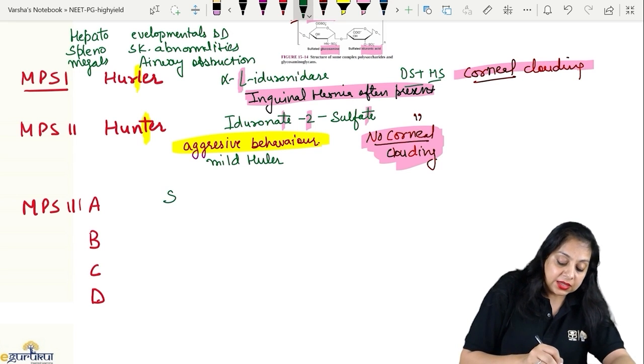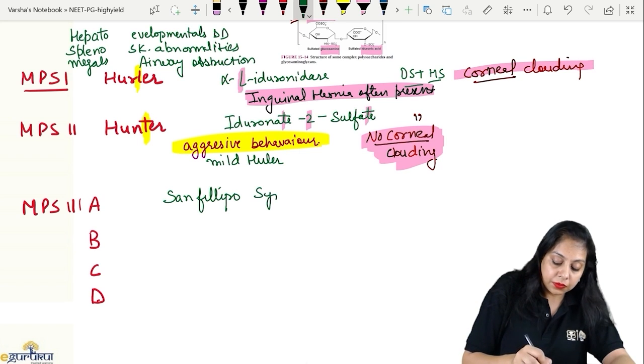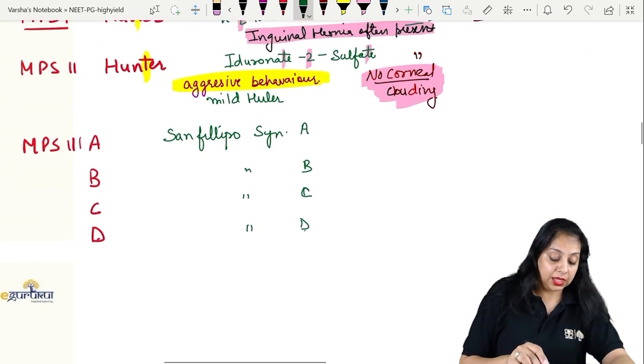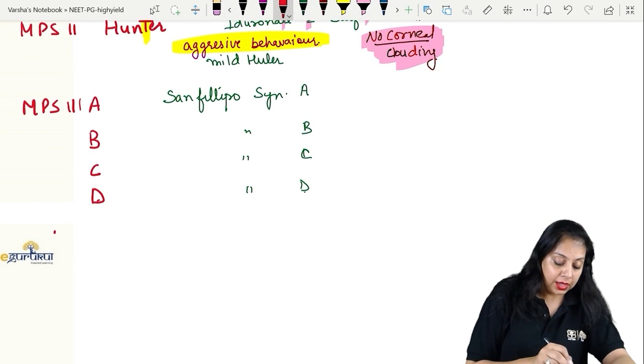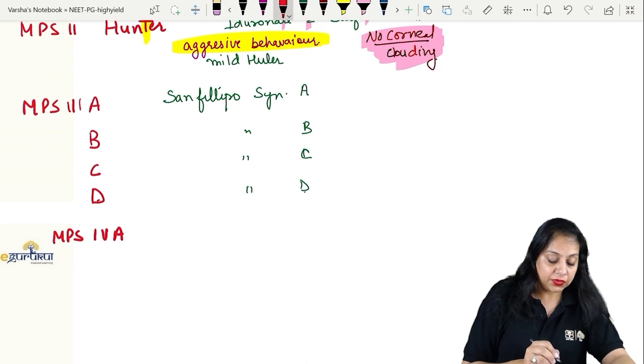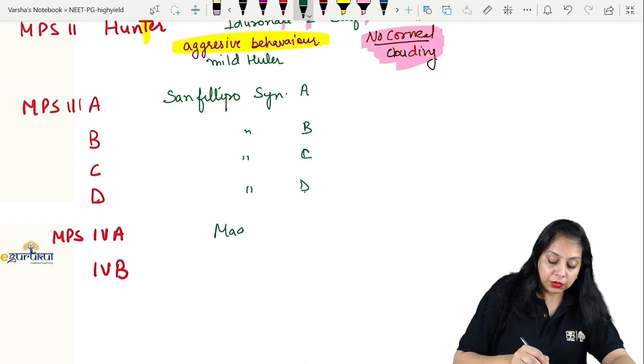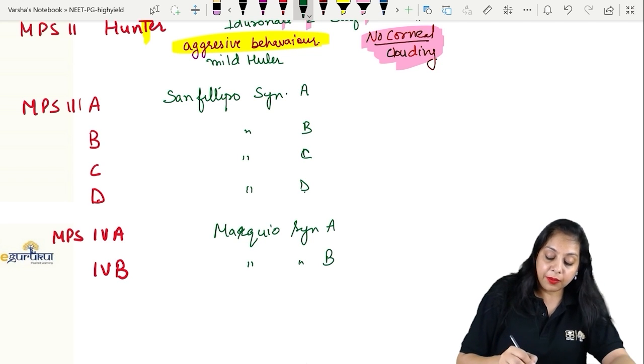Okay, so now you have MPS 3A, B, C, D. All these are Sanfilippo syndrome. Then you have MPS 4A and MPS 4B. MPS 4 is of two types and we call them Morquio syndrome A, B. Why am I pulling this up?